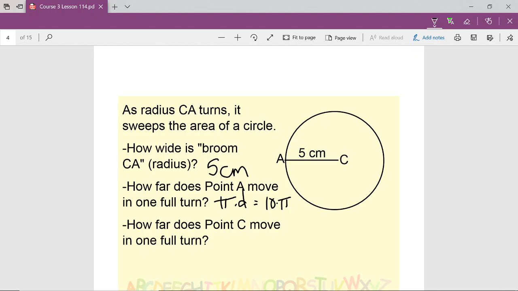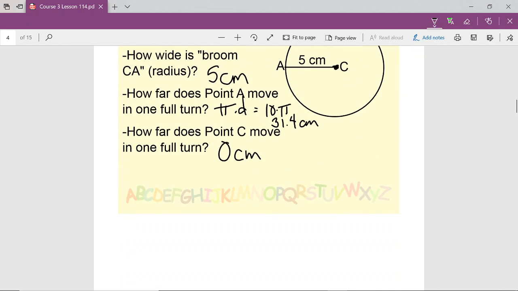And we can leave it in terms of pi, or if you multiplied it out, we would get 31.4 centimeters. So A moves 31.4 centimeters. Point C, the center of the circle, is fixed. So it doesn't move at all. It actually moves 0 centimeters in this case.